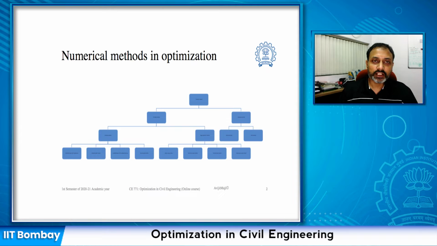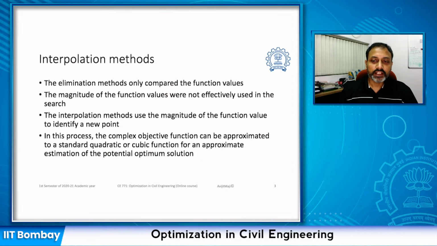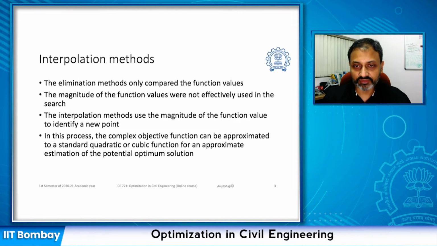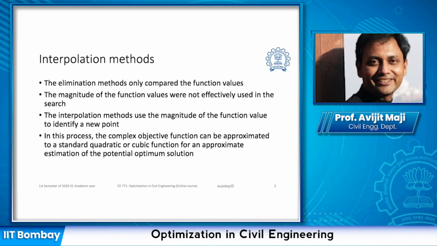These methods are collectively known as interpolation methods, and these methods may or may not require derivatives. So let's start with some of those methods, and in the next couple of lectures we'll be covering all the related methods. The interpolation method uses the magnitude of the function value while identifying a new point.